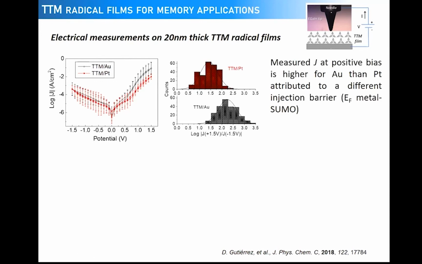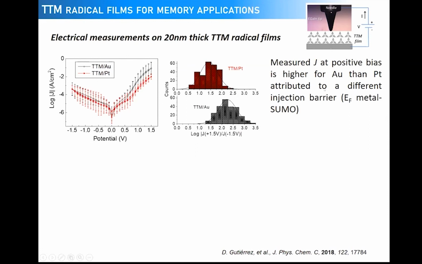The thing is that we saw a slight difference in the rectification. It seems that the film, when deposited on gold, shows a higher rectification. That means that the current at the positive bias is higher than the one we measured at the negative bias.